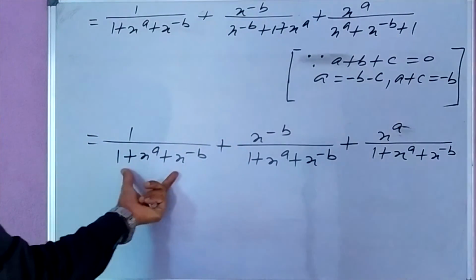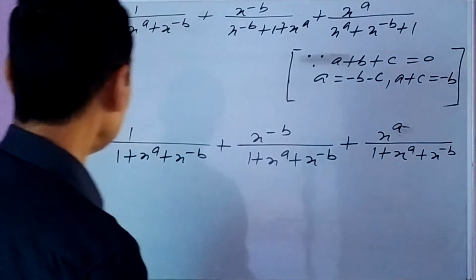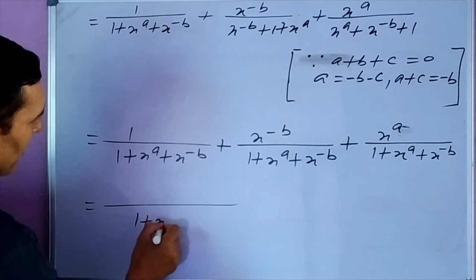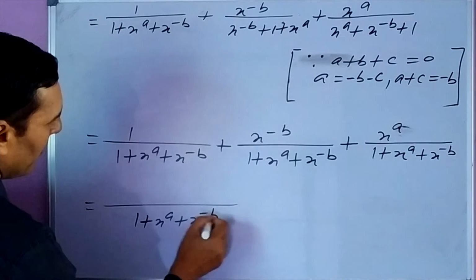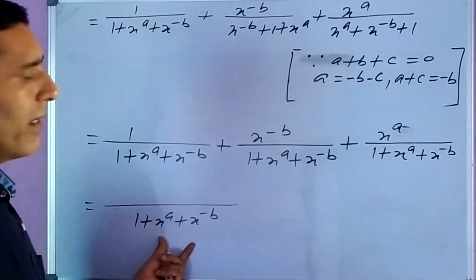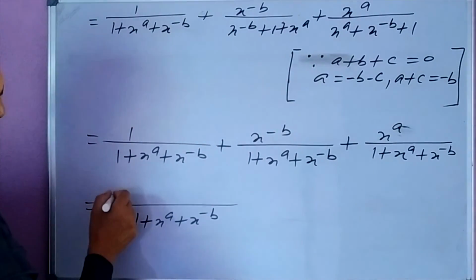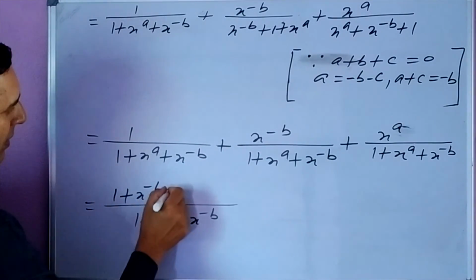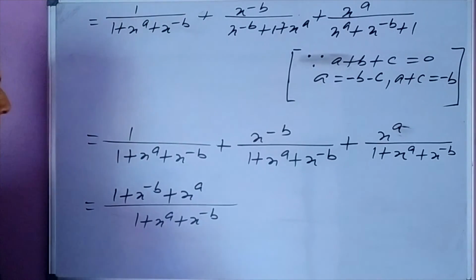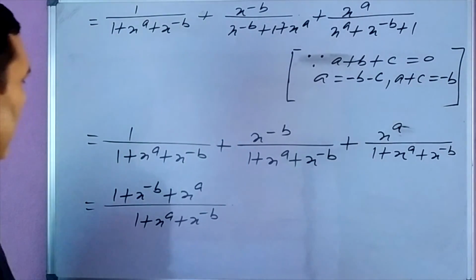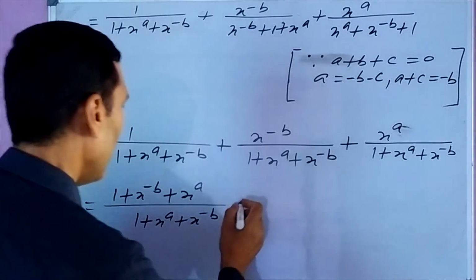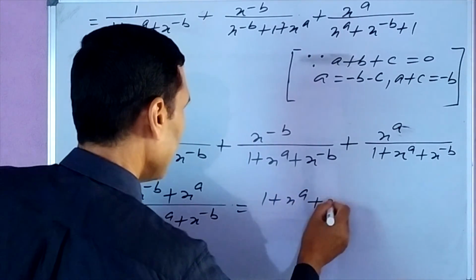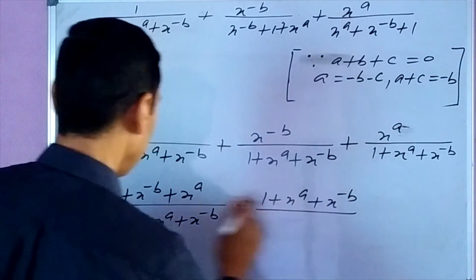Now we have the same denominator, we can take LCM. So our LCM is 1 plus x to the power a plus x to the power minus b, and every denominator and LCM is the same, so the numerator remains the same: 1 plus x to the power a plus x to the power minus b, in the second term x to the power minus b, in the third term x to the power a. If you see here, numerator and denominator are the same, just an arrangement of the terms.